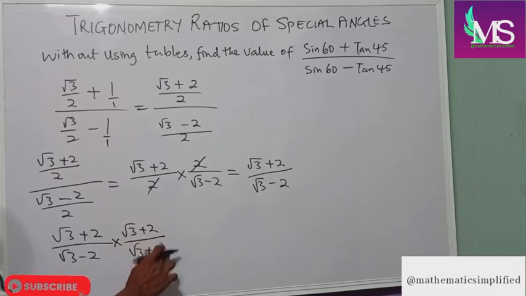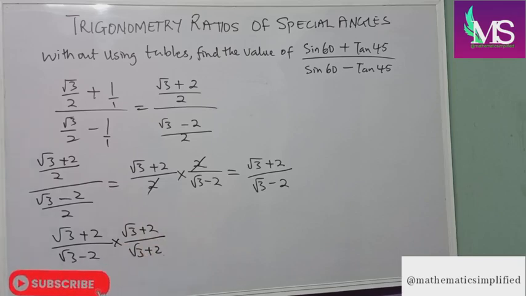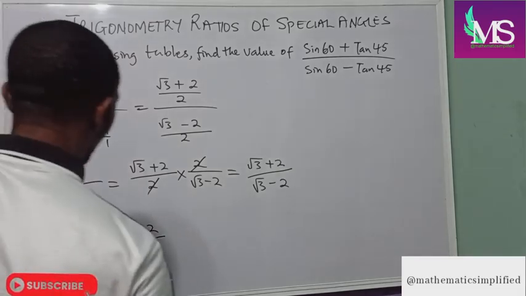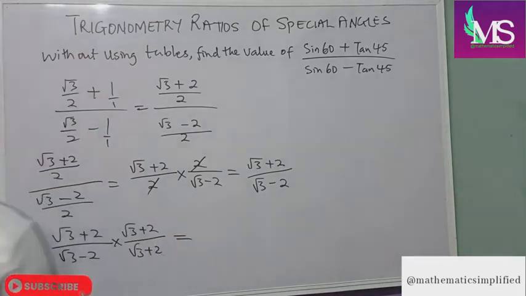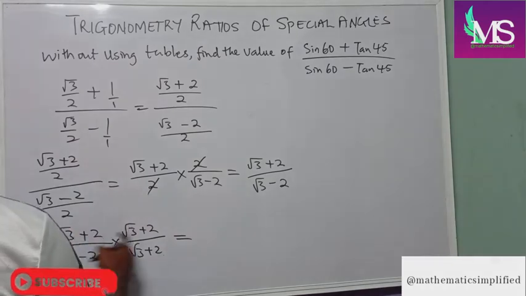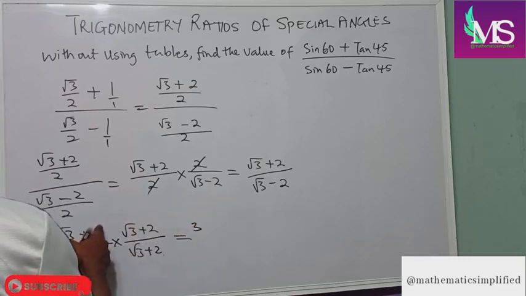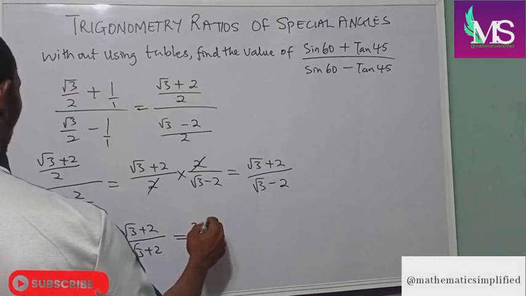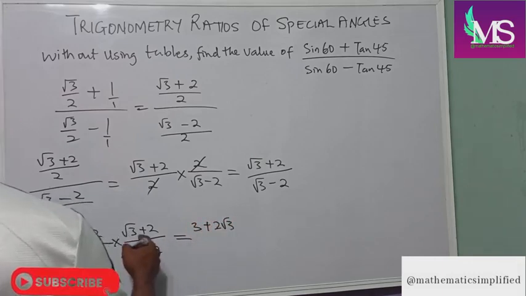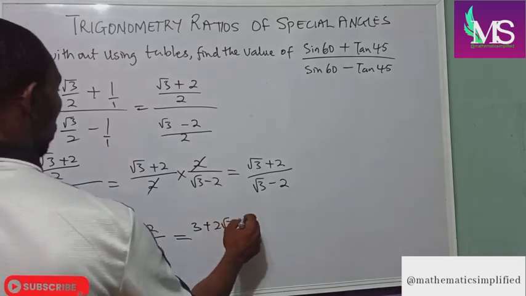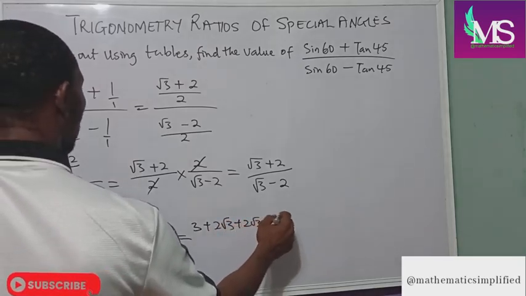In rationalizing, we use the conjugate of our denominator. To get your conjugate is to do the opposite of the sign you have here. Since this is minus, we use plus. So from here, root 3 times root 3 will give us 3. Root 3 times 2 will give us plus 2 root 3, plus 2 root 3, plus 4.